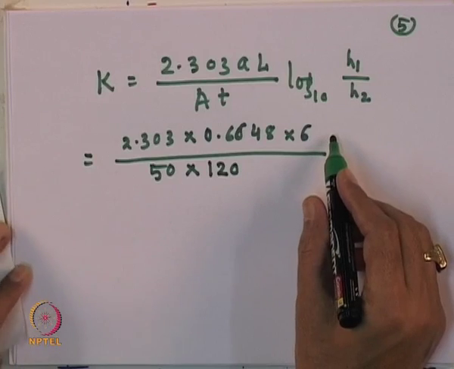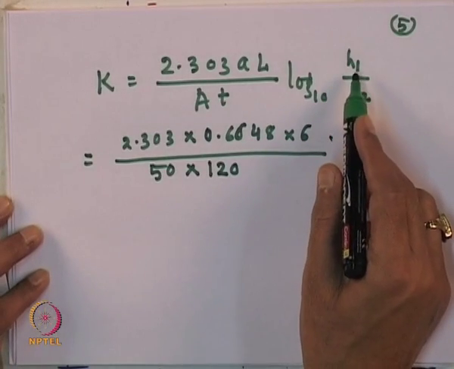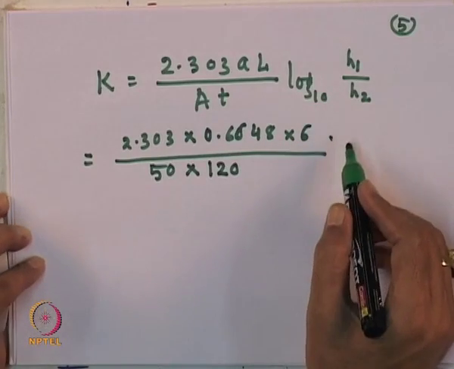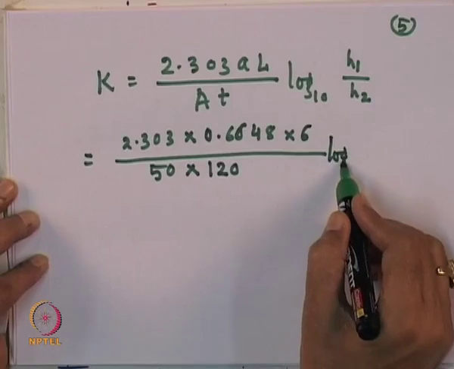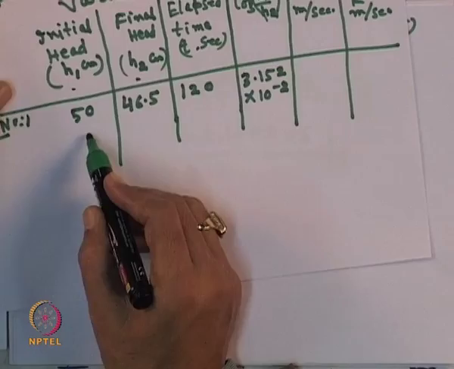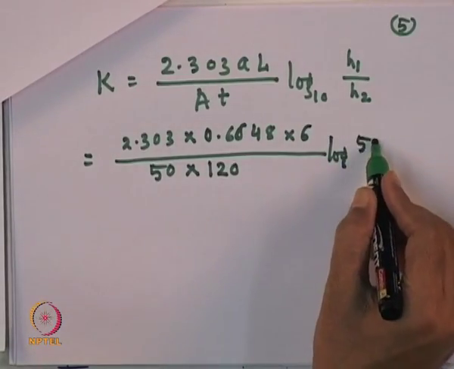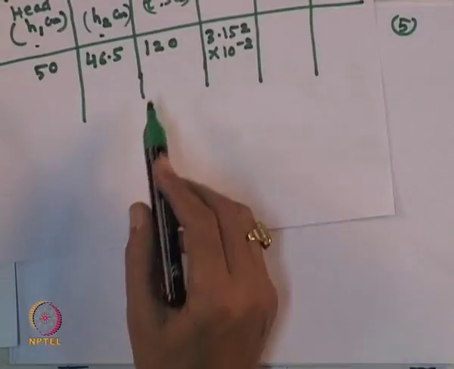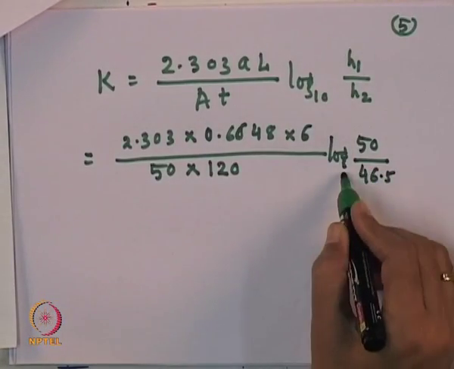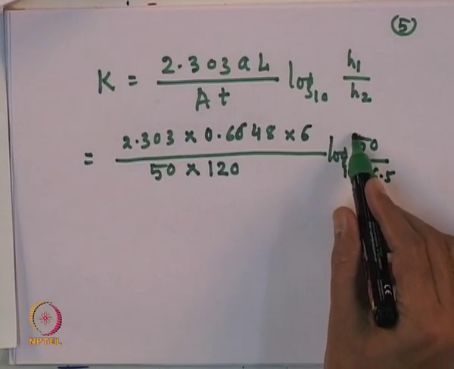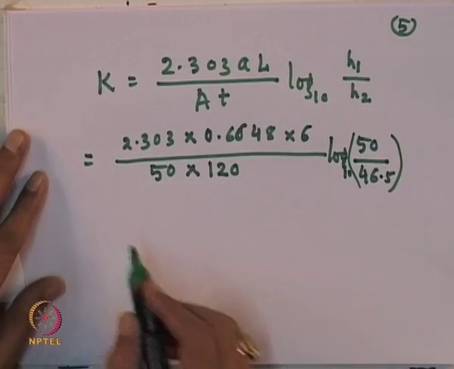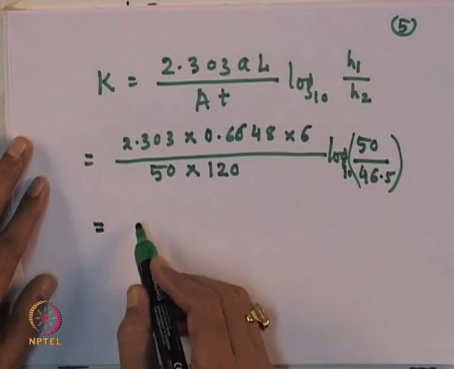So, this into log h1 divided by h2. That means log of the initial height h1, 50, divided by h2, 46.5. So, you can calculate this and determine the coefficient of permeability.